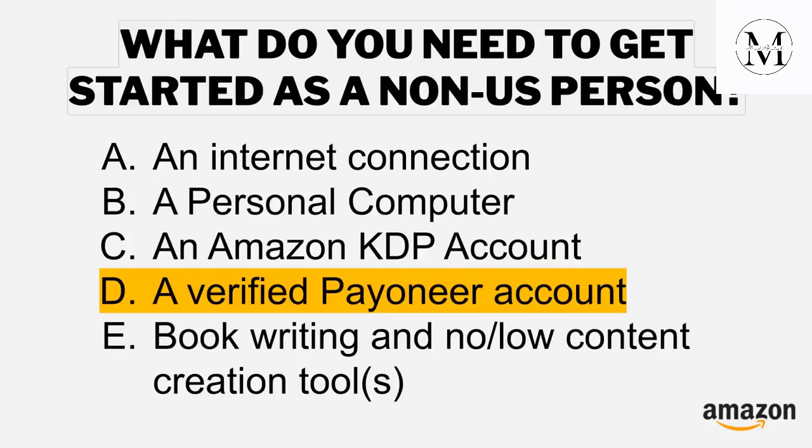A lot of people have asked me, can I start publishing my book with just my smartphone? I said yes, you can start, but you may not be able to finish well if you publish just using your smartphone. Smartphone is very important. You can get started with it, but if you want to do a very good job and get the right kind of result, please, it is expected that you have a personal computer.